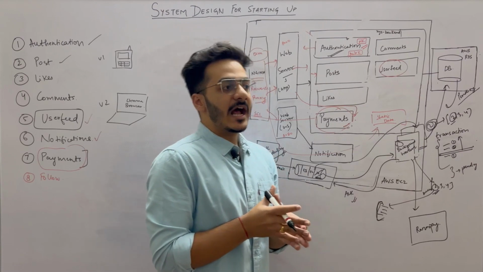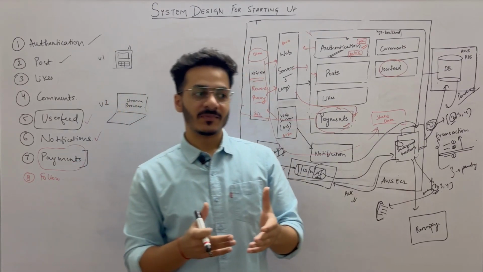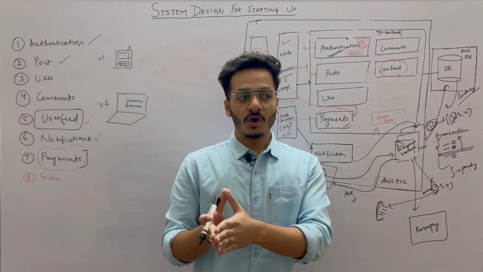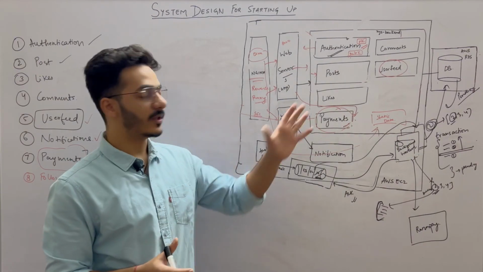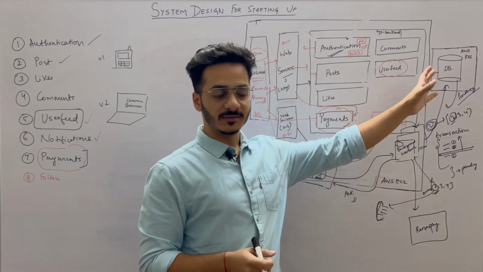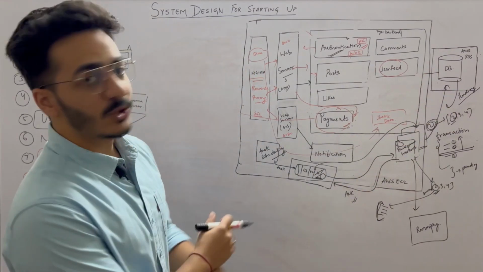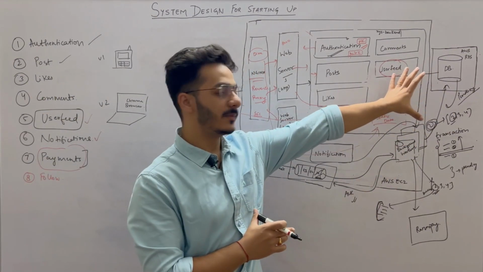Idempotent means that no matter how many times you execute the task, it will result in the same thing, or it will not lead to inconsistencies in the data stored in the source of truth. And the source of truth here is our database.